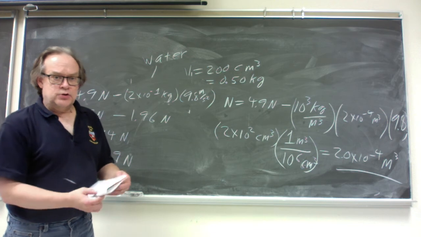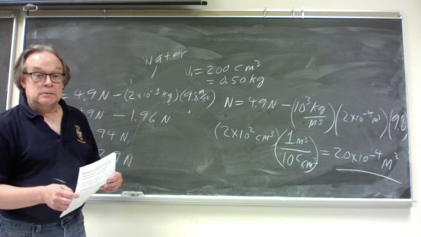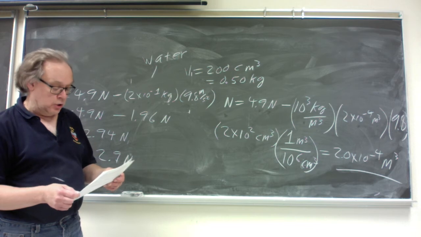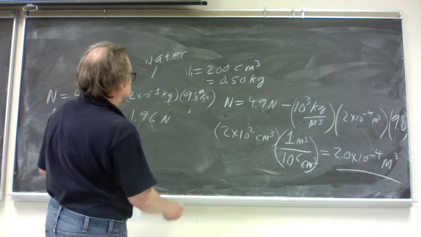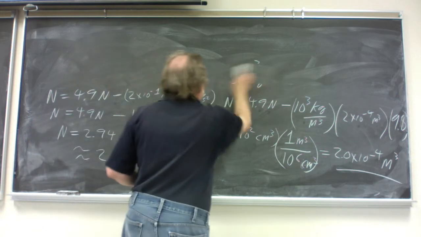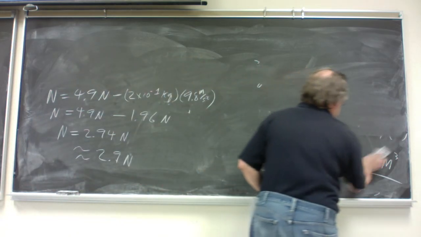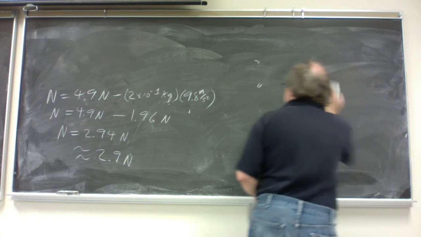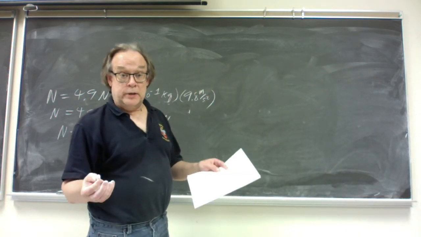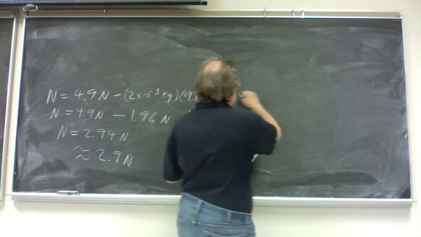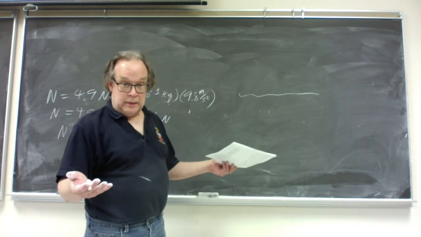Okay, let's try a different situation and see how our understanding of buoyancy helps us with that. Now imagine a bunch of things that are all floating, and there are say 4 different objects.